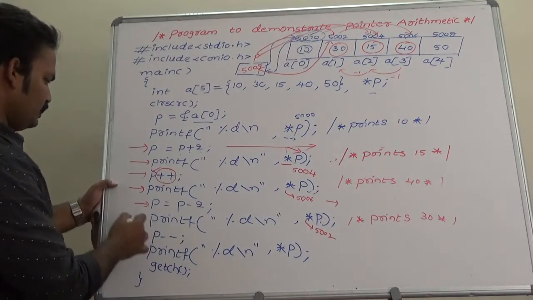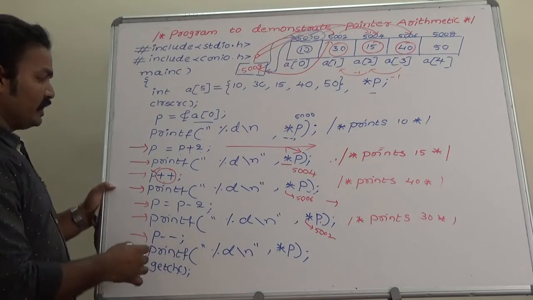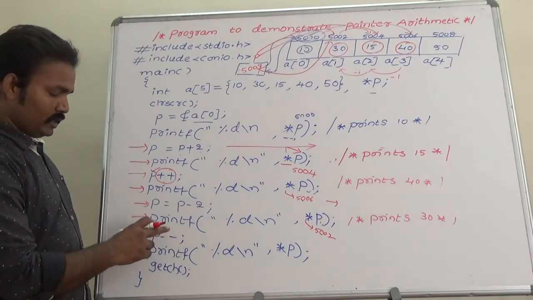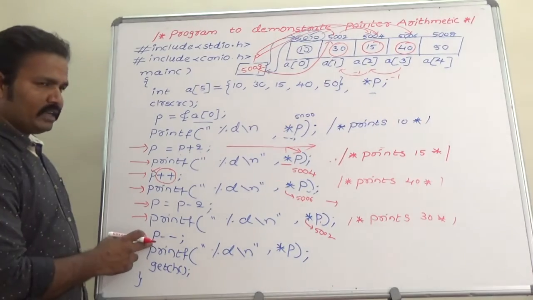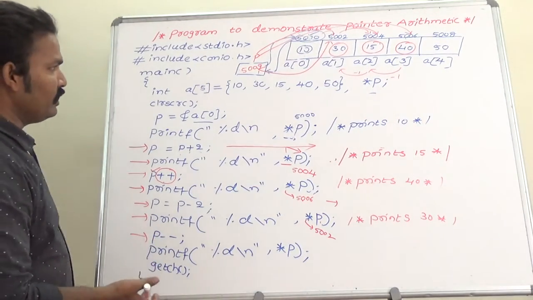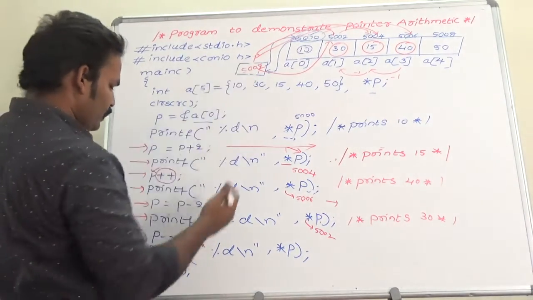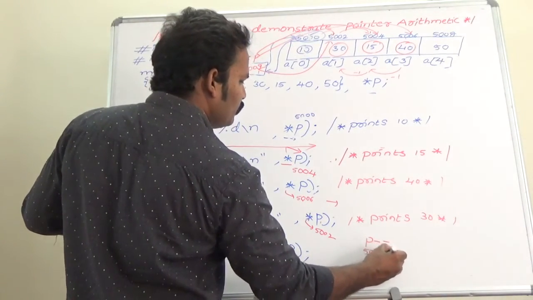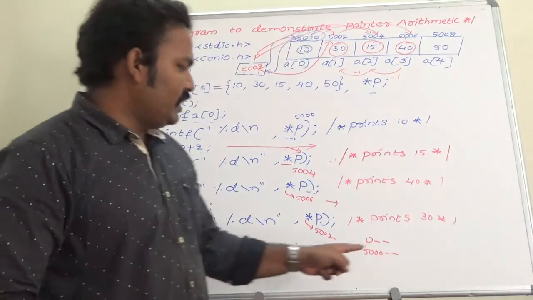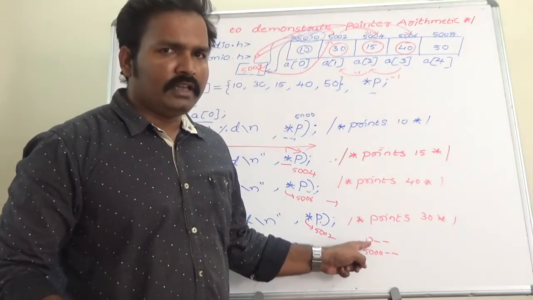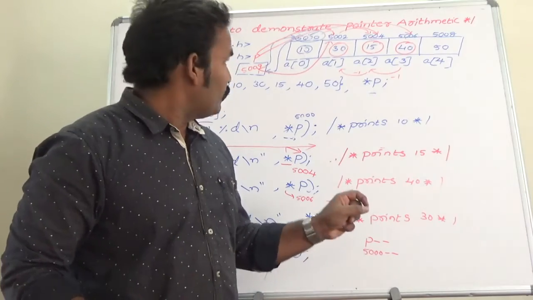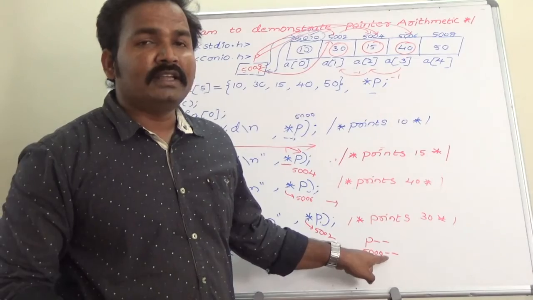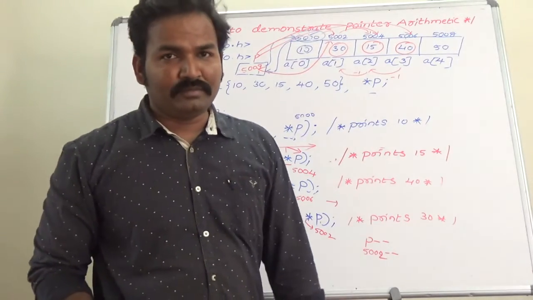Next execution control executes the next following statement, p minus minus. Here by applying the decrement operator to the pointer variable, what is the p value? The actual p variable value is 5002. If the pointer variable value is 5002, then the decrement operator decrements 2 from the current value.